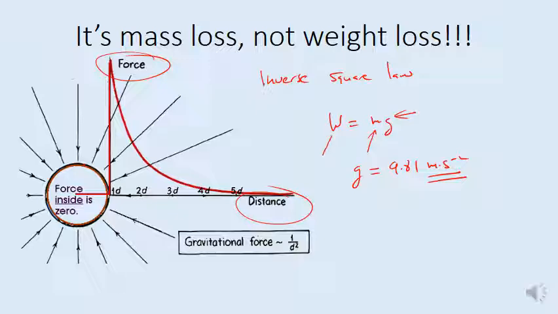And since weight is a force, your weight would be measured in newtons. So a 100 kg mass would weigh 100 times 9.81, which gives you 981 newtons. So on the surface of the Earth, 981 newtons.